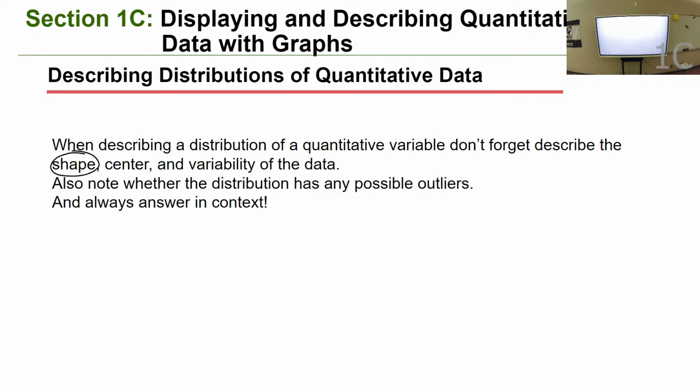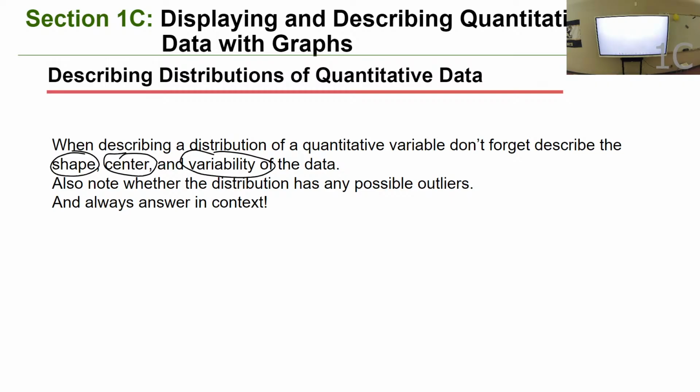After 1D and 1E, you better talk about the center. I need the shape. I got to have the center. And then I got to have what they're going to call the variability. Variability. Spread. How much does it vary? We'll talk more about it later. Don't worry too much about that word.